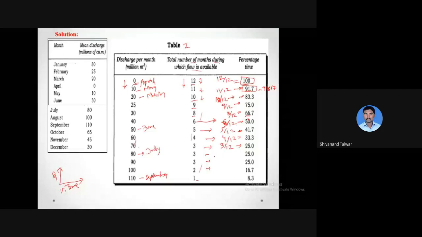Then 2 by 12 it will be 16.7 percentage, and 1 by 12 it will be 8.3 percentage. Okay, so in this way we will get the percentage time.